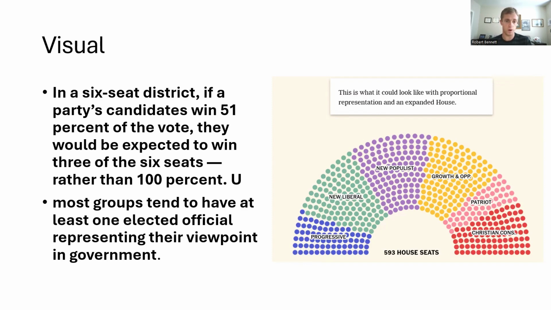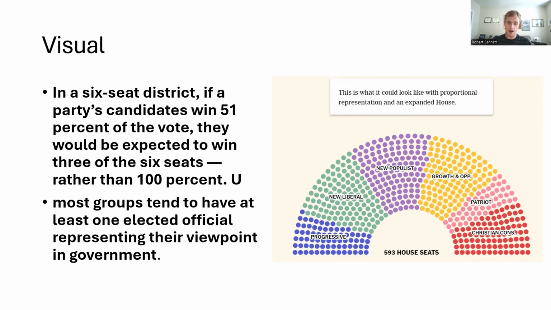If a party's candidate wins 51% of that vote, they'd be expected to win 3 out of the 6 seats rather than 100% of the seats, as is currently the case under the current winner-take-all system.